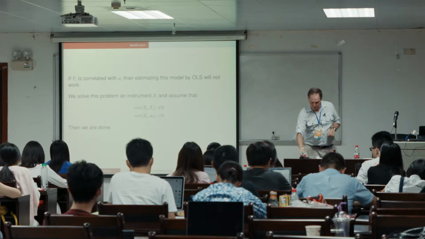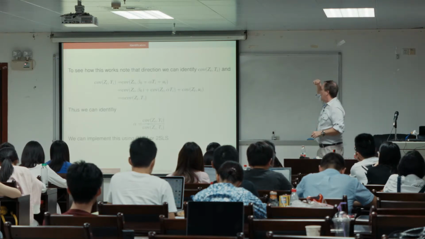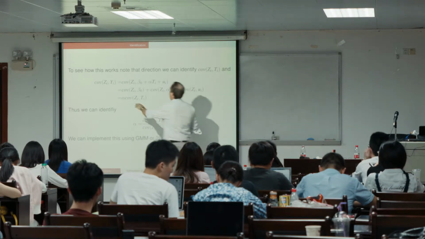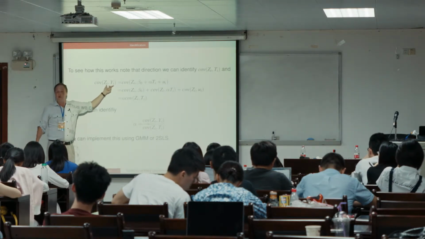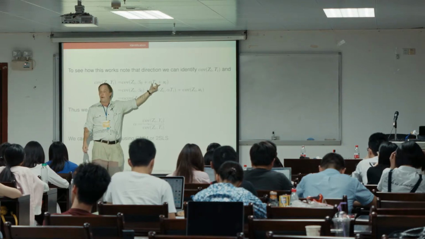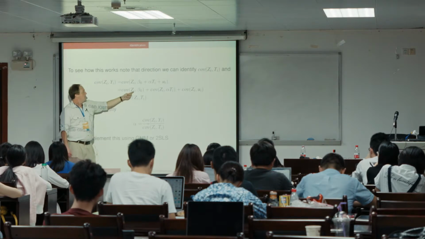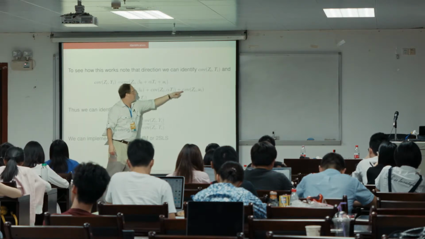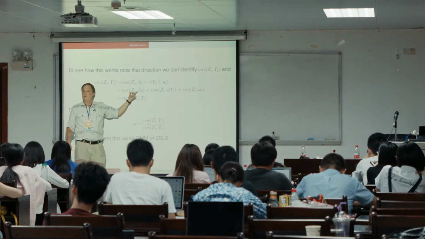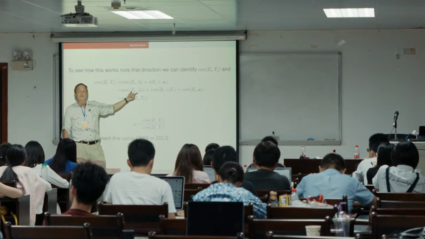So let me show you this in a simple way, in the identification way. If I just take the covariance between z and y, let me write y out this way. The covariance of a sum is the sum of the covariances. So it's this object plus this object plus this object. What is this covariance? 0. Why? Beta naught is non-stochastic.